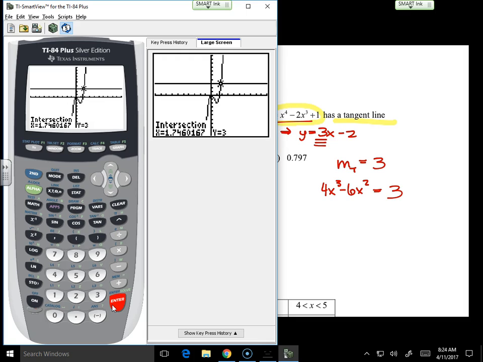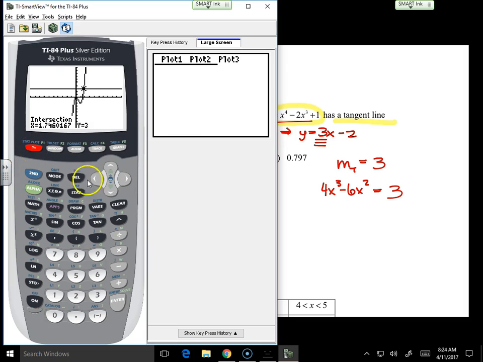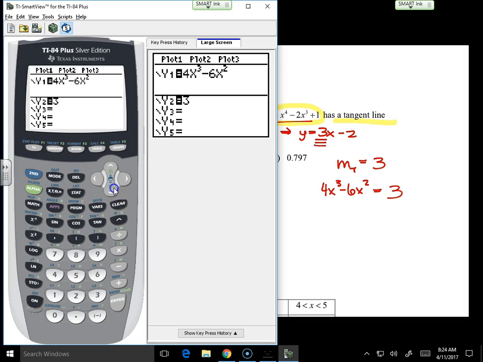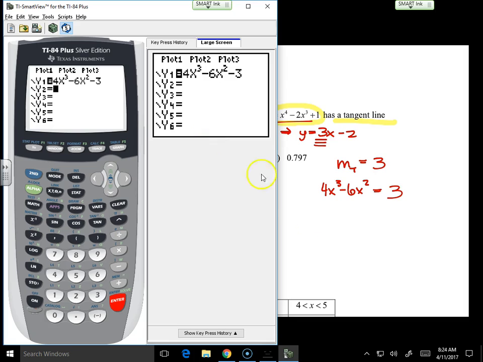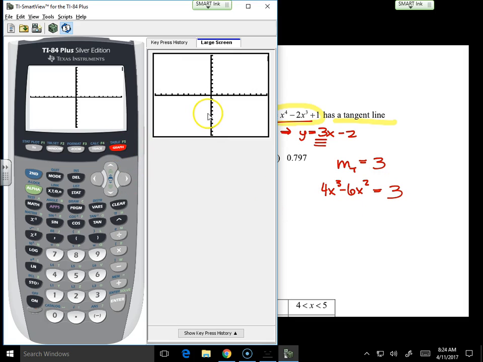If that didn't work, if the window didn't show it, and you really don't want to go looking for this thing, what's the other way you could find 1.746? What could you do, Katrina? Subtract the 3. If I subtract the 3, for this one equation, when does it equal 0?